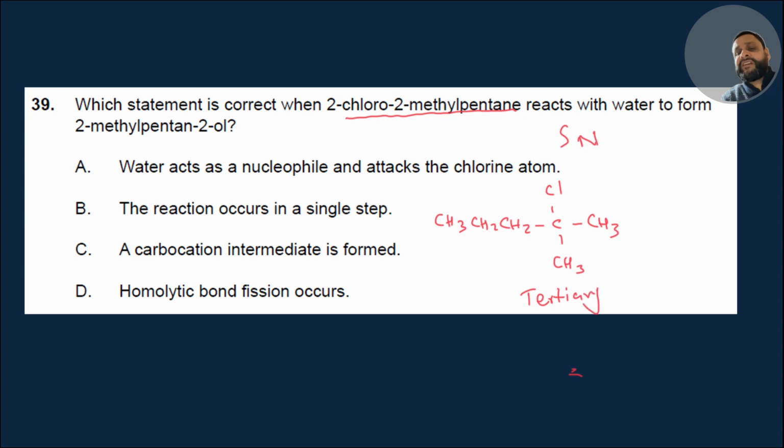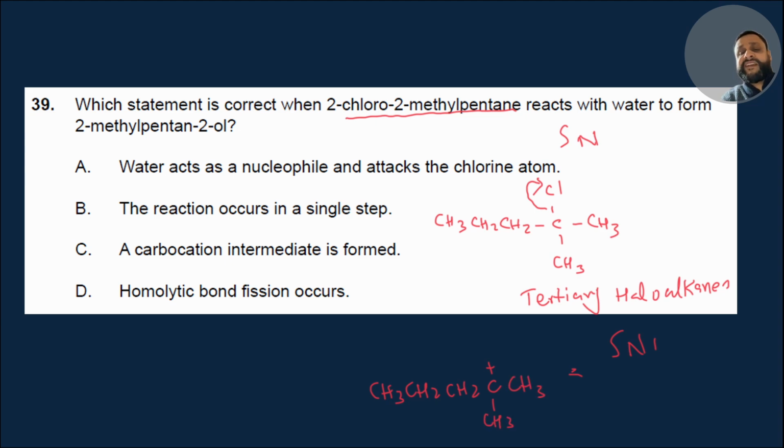So tertiary haloalkanes undergo SN1, SN1 unimolecular. It is a two-step process. In the first step, a carbocation is formed, and this bond will break, and Cl will leave, and we'll end up with a carbocation: CH3, CH2, CH2, C plus, CH3, and CH3.